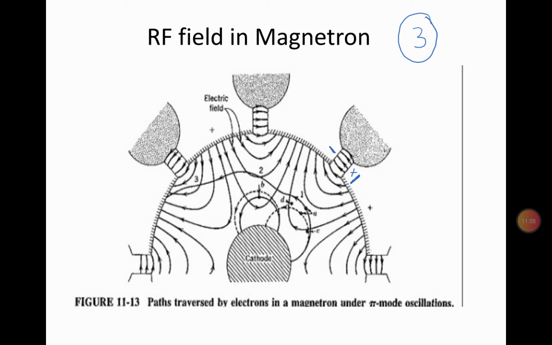Now these two cavities are out of phase. If they were in phase, this end would also be positive. But because of pi mode oscillations, there is a phase difference of 180 degrees, so this is going to be negative and this one positive. Are you understanding? This is negative, this is positive, this is positive and negative.